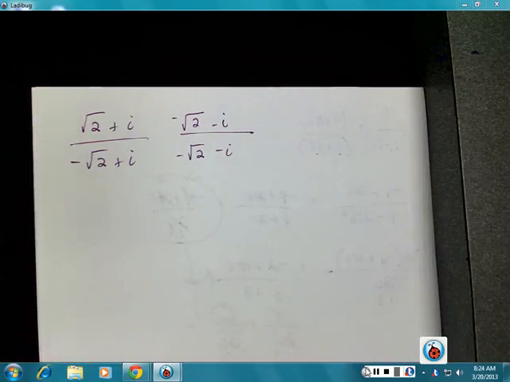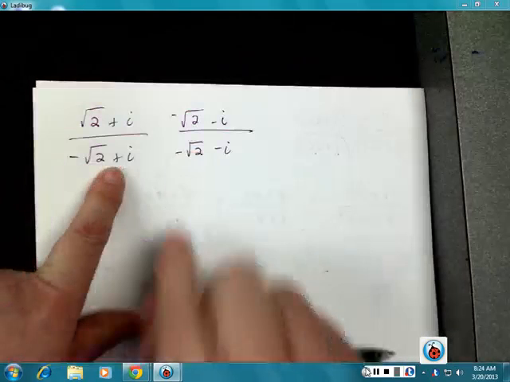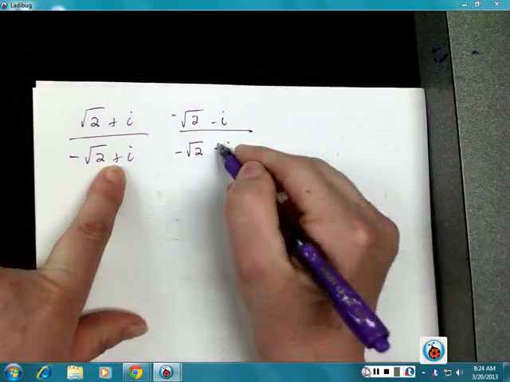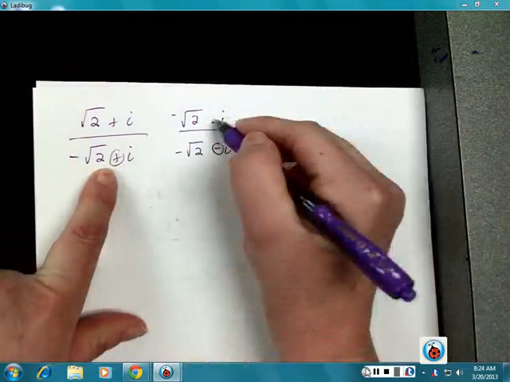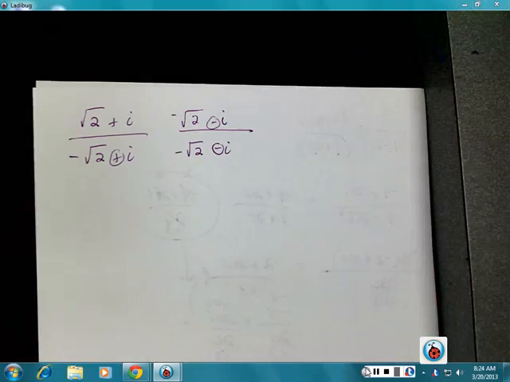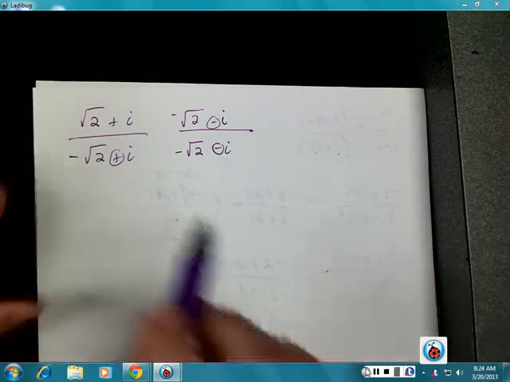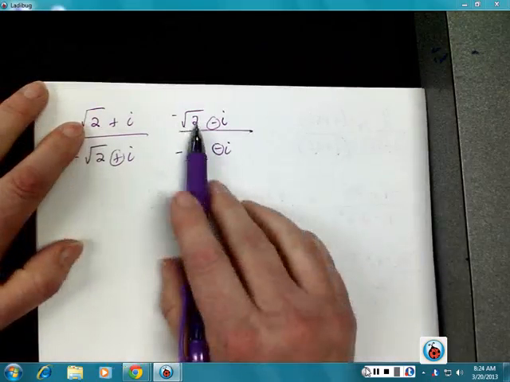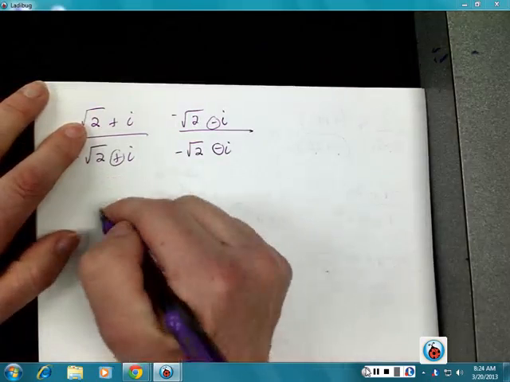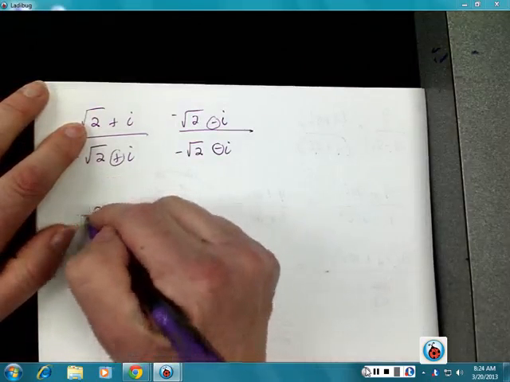Nope, you do not change. The only sign that changes is the center one. This is the only piece that changes when you do a conjugate. Nothing else changes. It's going to stay as what we have with it. So, what happens? Square root of 2 times the negative square root of 2 is a negative 2.